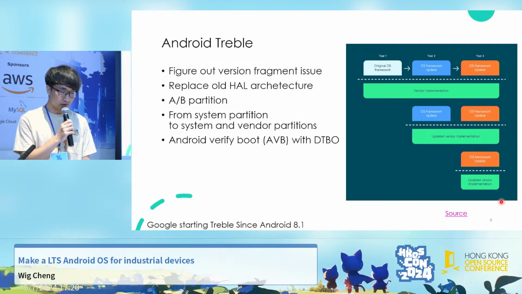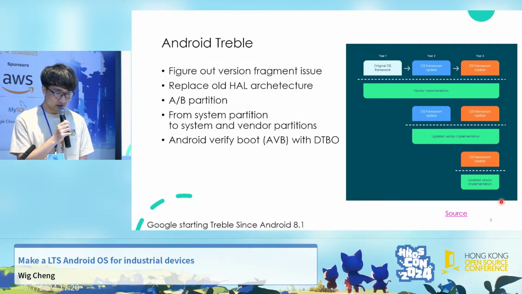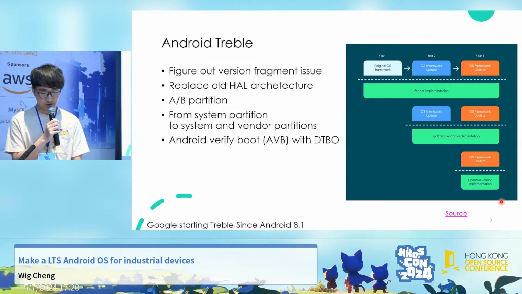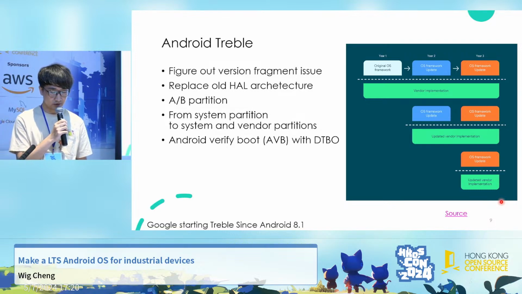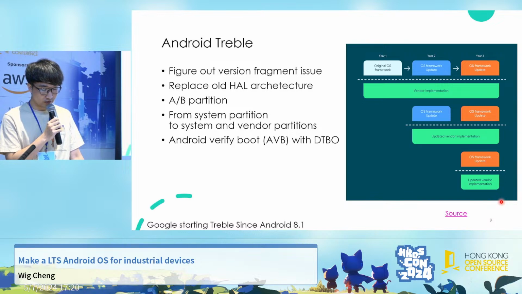I would like to talk about an important feature in Android history called Project Treble. It's meant to address the version fragmentation issue. So it's a point that separates two parts: before Treble and after Treble. The HAL layer architecture and partition layout are totally different from before Treble. The right side has a picture referred from the Google website.